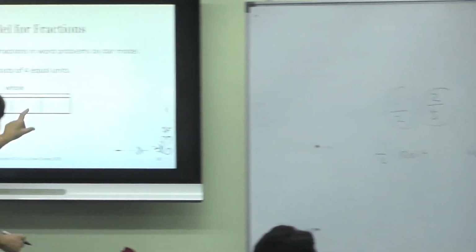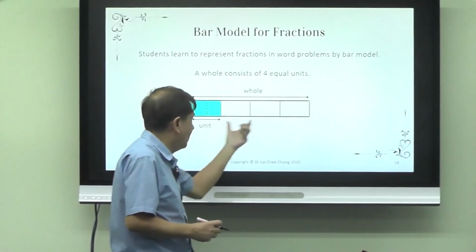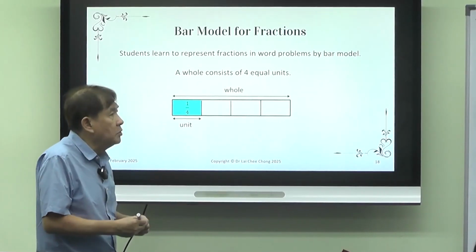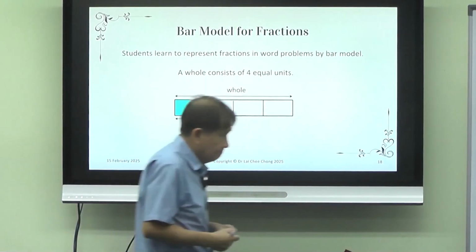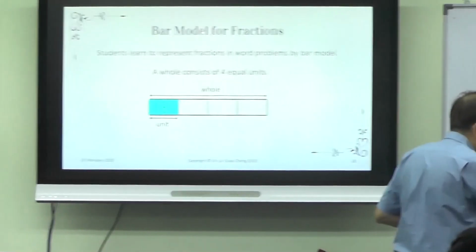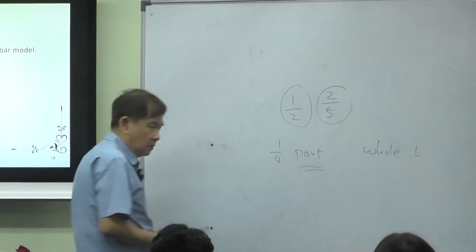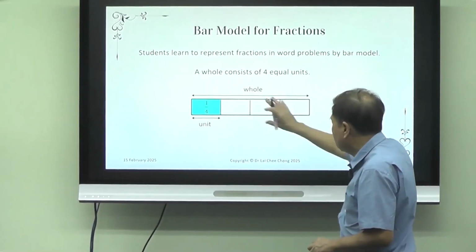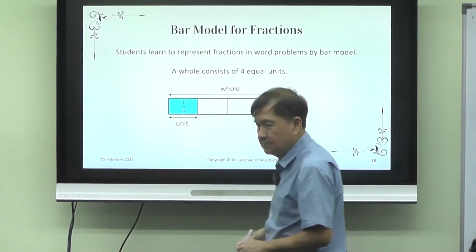So we draw it now. When we draw, you make sure they draw about the same size. And by the way, just to share with you, we use the word units. Bear it in mind, the word units instead of parts. We say 4 parts, we say units. How many units? So therefore, a whole in this case makes up 4 units.